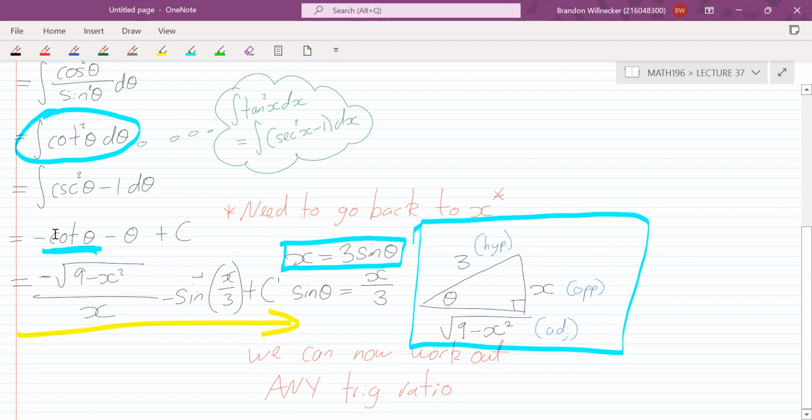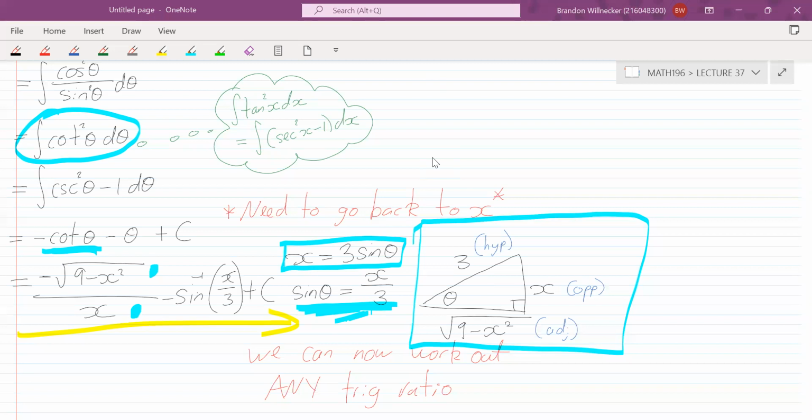In particular, we have cot theta. So cot theta is adjacent over opposite. So we put in the adjacent, we divide it by the opposite, and that's cot theta. And then theta is just going to be inverse sine of x over 3. Okay, so I just inverted this formula over here. Okay, but everything is just from that table there.